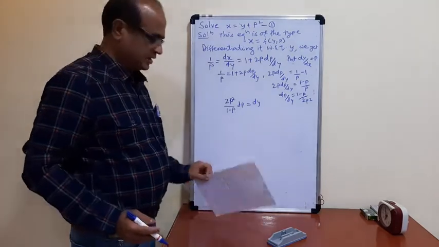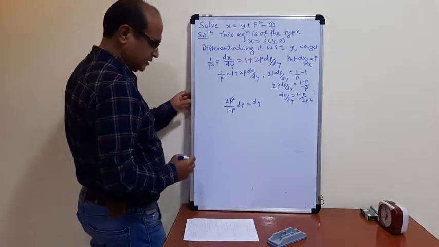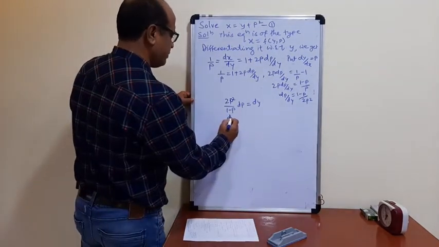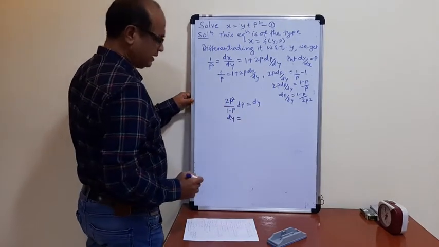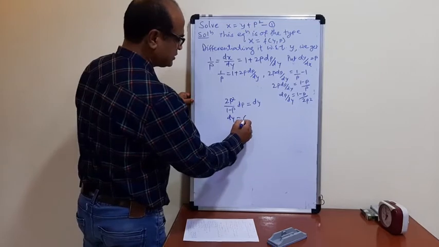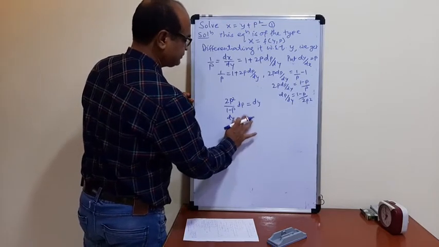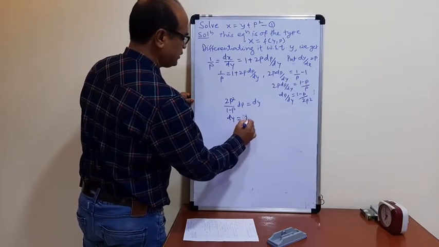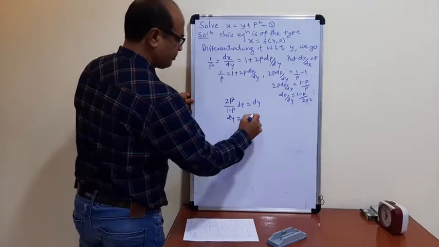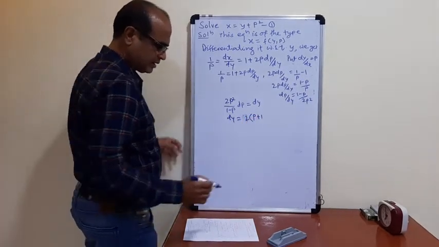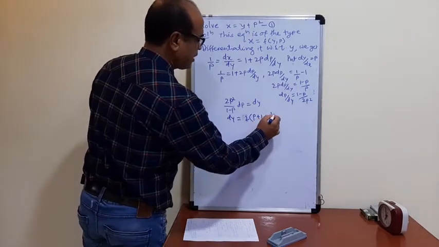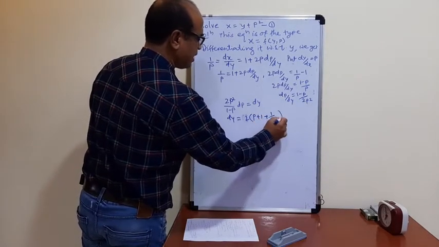So on integration, before that, this can be written in the form here. So this is by partial fractions. So this is equal to 2 into bracket p plus 1 plus 1 upon p minus 1 by using partial fractions.